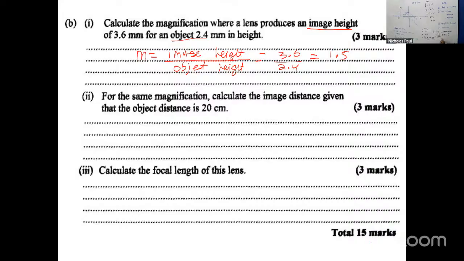This one here too. Just make v the subject. Magnification is v on u, and you found magnification. So v is magnification multiplied by u.